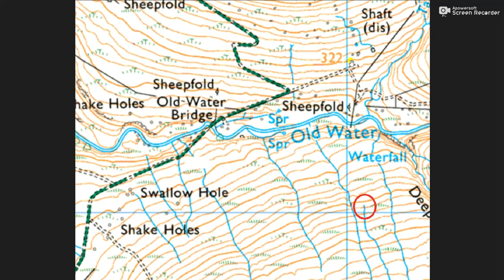So it makes sense that this is an index contour that ends in 25, which would be the 325 contour. And it makes sense that it's going up from 322 because we'd be going uphill from this river in the bottom. So up the hillside, 322 spot height, meaning this is the 325 index contour.